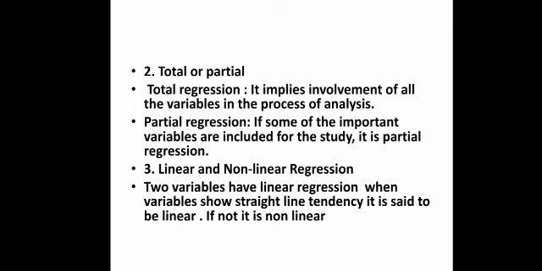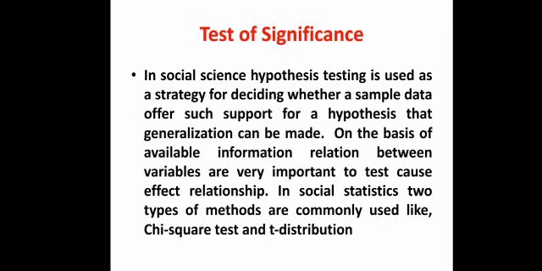Next, test of significance. Testing the significance of a hypothesis is a major task in statistical analysis. Hypothesis is usually considered the principal instrument in research. In social science, hypothesis testing is used as a strategy for deciding whether sample data offers such support for a hypothesis that generalization can be made.